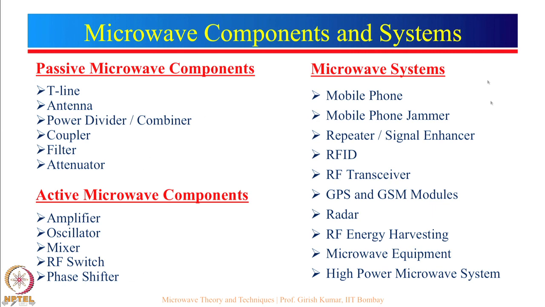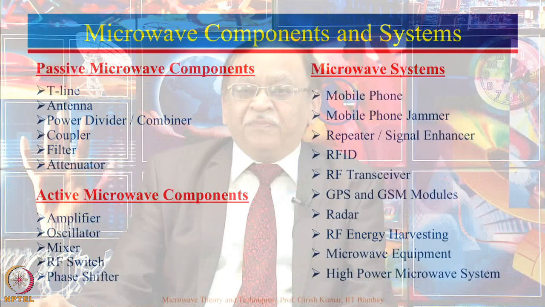And then we have several microwave systems. So, this is not the complete list of the microwave systems, but just to tell you, you all are familiar with mobile phone. Now, mobile phone jammers are required where we do not want the nuisance of mobile phone. Where signal is very weak, we need repeaters or signal enhancer. RFID stands for RF identification. In fact, you can see that these days there are lots of applications for RFID.